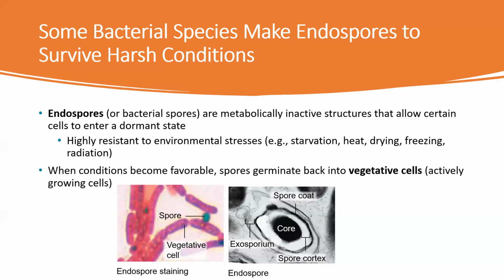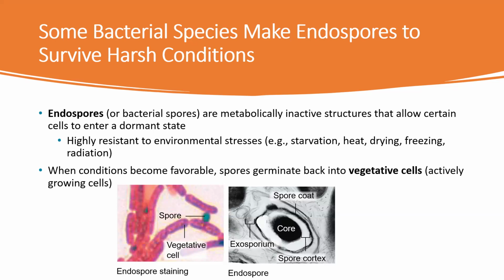And when will this happen? This is going to be in times of, say, metabolic stress. So there's no food around, or heat stress, or water stress, freezing, radiation. Anytime that conditions are bad and your vegetative cells can't survive, they may sporulate or turn into spores, right?